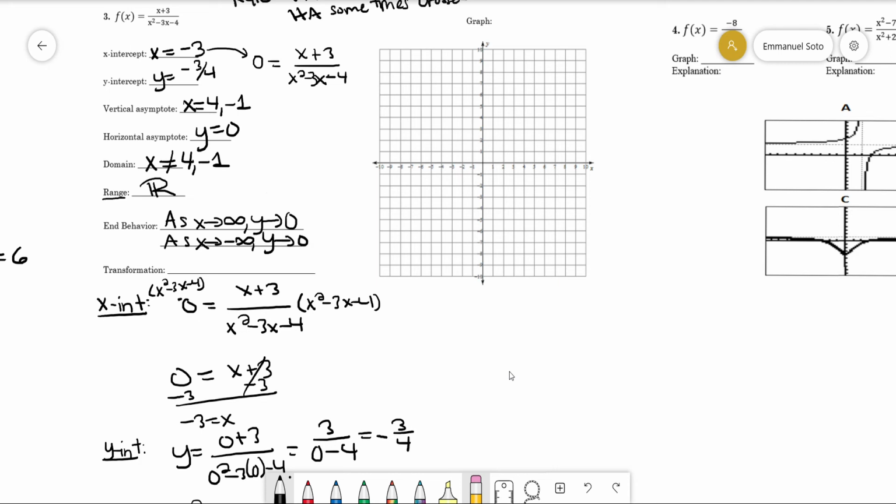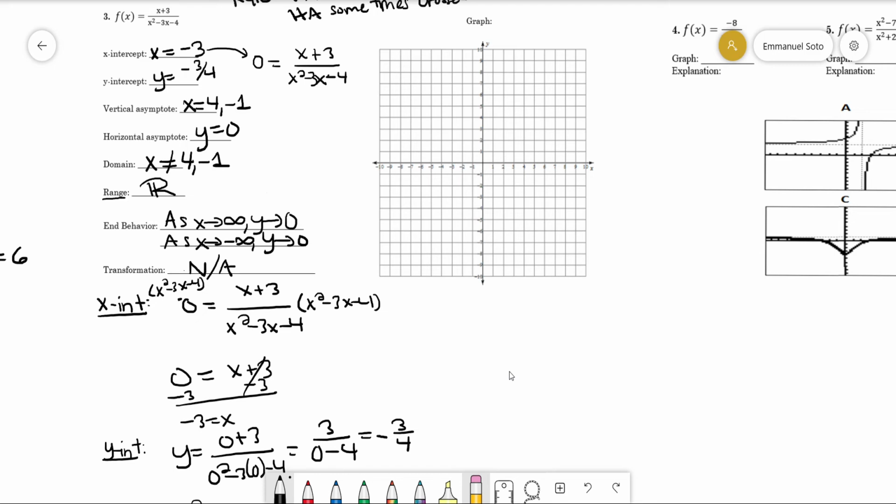In this example, transformations, there's no need to do a transformation. It's a graph in and of itself. It doesn't follow any of the forms. So this is not applicable. You can only do the transformations in general for the original parent function, which is the simple rational function, and this is a more complex generic rational function. So not applicable there.